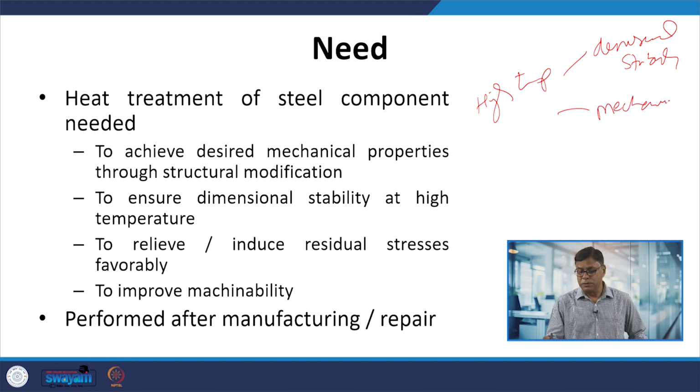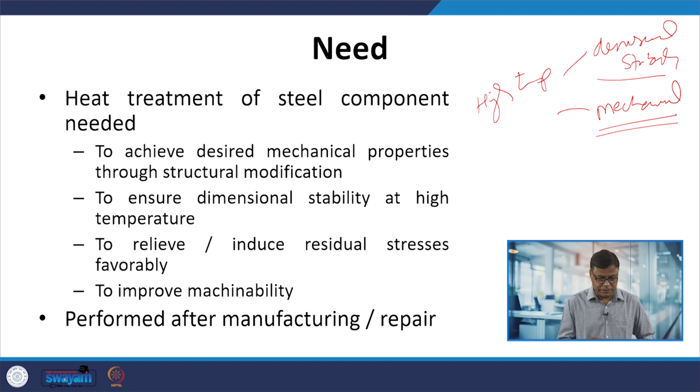Depending upon the requirement, exposure of the component at the manufacturing stage is given in such a way that the component has the desired set of structures as per the application temperature. That is done to have the desired mechanical properties even at higher temperature, and likewise for dimensional stability. The high temperature exposure is given actually for that purpose.